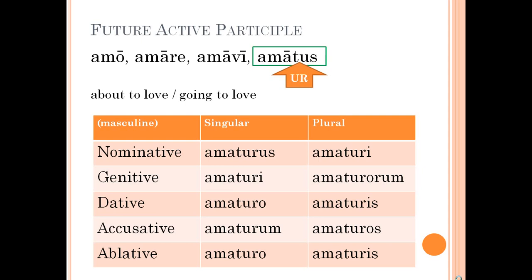I picked the masculine again: -us, -e, -o, -o. But if you were going to describe something feminine, you'd use feminine endings. The thing you can recognize here is there's a -ur in every form, because we had to add that to the fourth principal part. That reminds us that it's the future active participle. The -ur, just like the word "future."